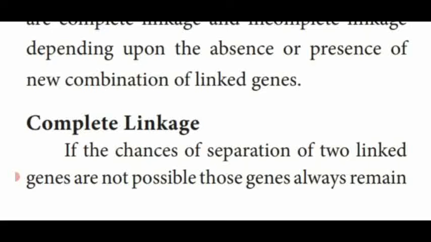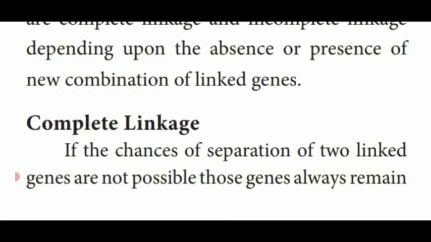If the chances of separation of two linked genes are not possible, those genes always remain together. As a result, only the parental combinations are observed. What is complete linkage? The separation of two linked genes is not possible.